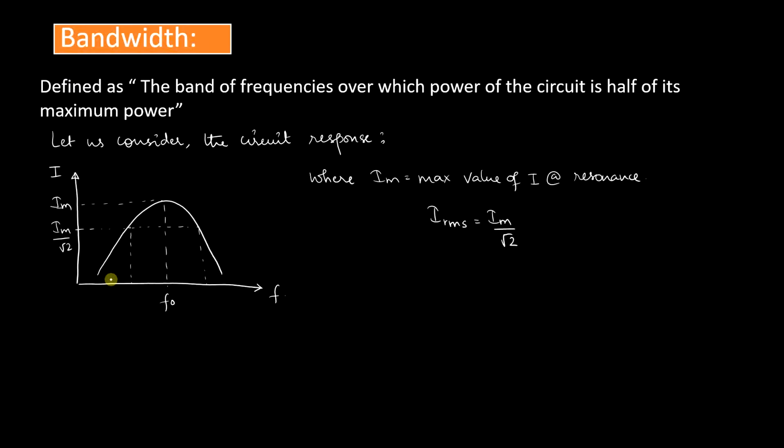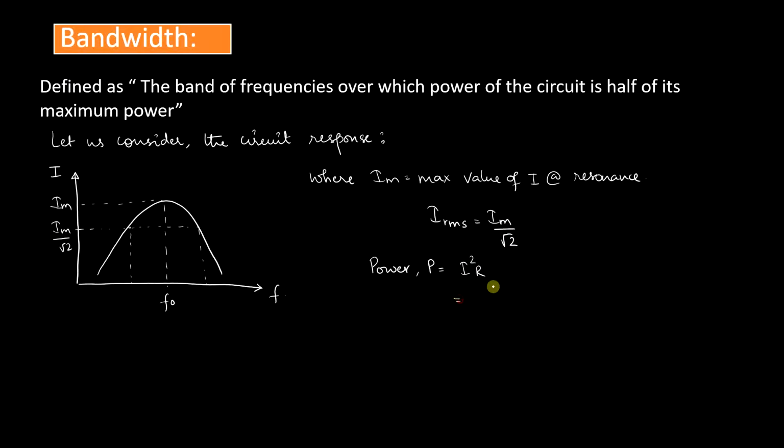If I have to show that mathematically, I can write the equation for power P equal to I square R. If I'm considering the maximum value of current, I will be Im. At the RMS value, this current I is equal to Im by root 2.